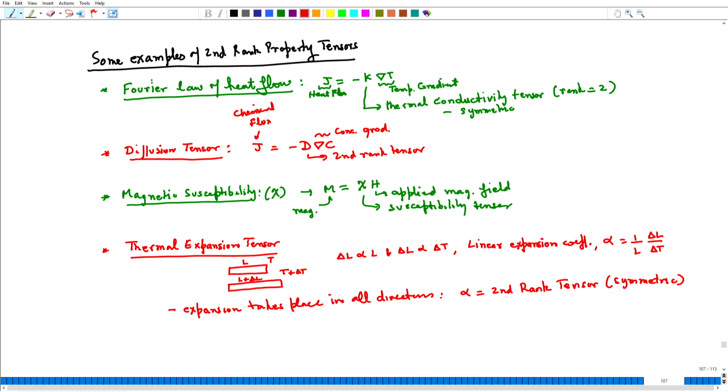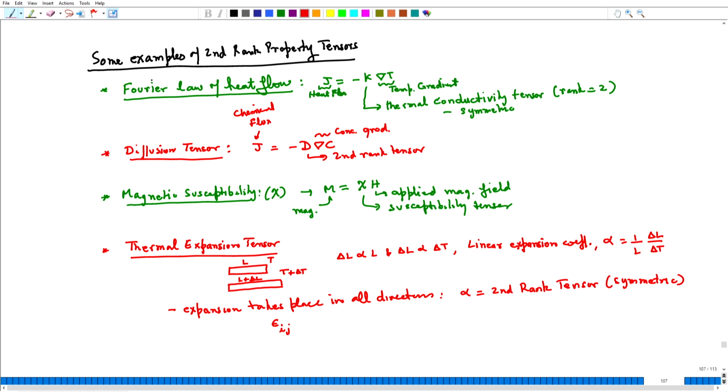And we can write, as a result of a temperature change, there is a strain that develops in the crystal, and that strain can be represented by epsilon, which itself is also a second rank tensor.